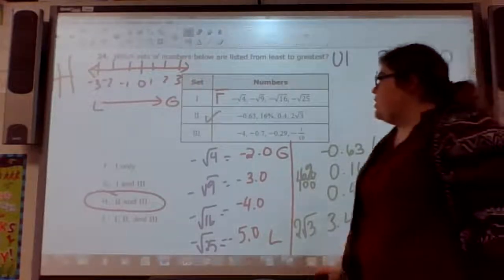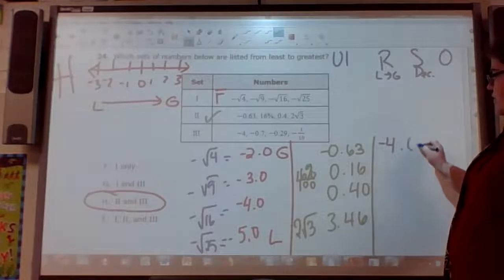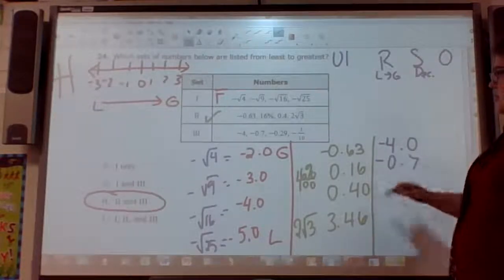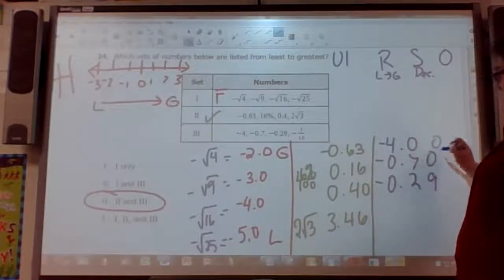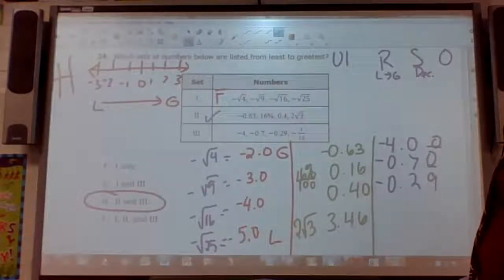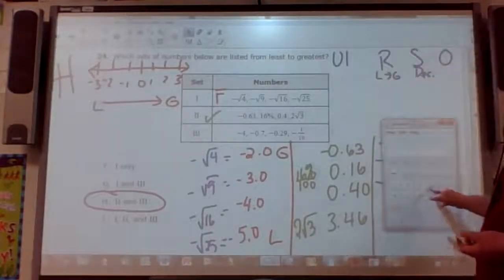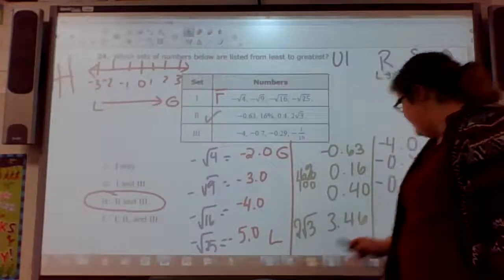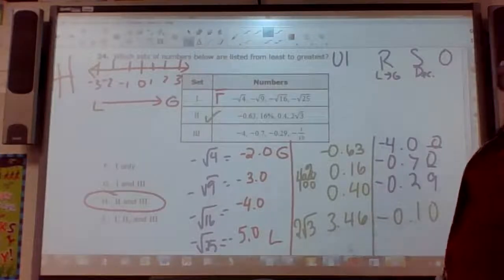My last one, I have -4, which is -4.0. I have -0.7, -0.29. Notice I'm adding my placeholders. And then I have -1/10. Well, -1/10 is 1 divided by 10, 0.1, so I have -0.1.